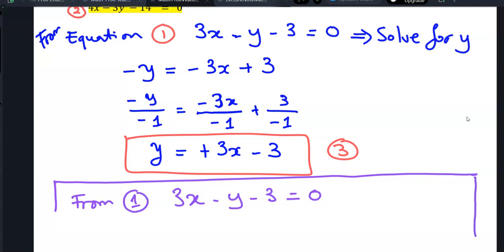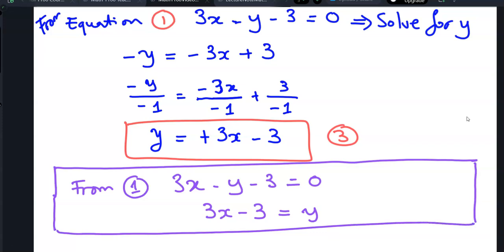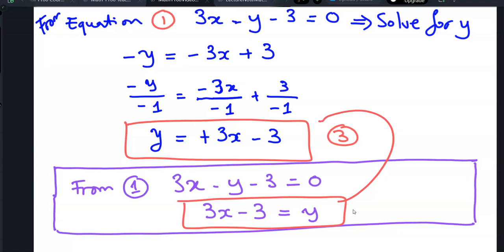And from this equation, what I can do, which I avoided earlier, is immediately solve for y by moving y over to the other side of the equation. You see that? When you move y over to the other side, it immediately changes into positive 1y equal to this. And this is exactly the same as the one you have here.